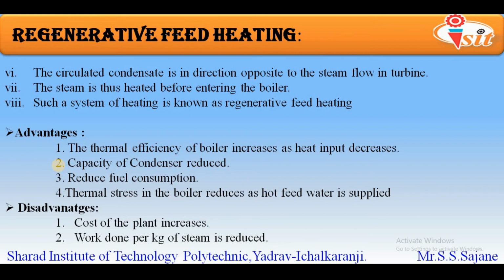The second advantage is that the capacity of the condenser is also reduced. Then again, reduced fuel consumption, that is, the cost of fuel will be reduced. And finally, the thermal stresses in the boiler will be reduced as hot feed water is supplied. So these are the advantages of using regenerative feed heating.